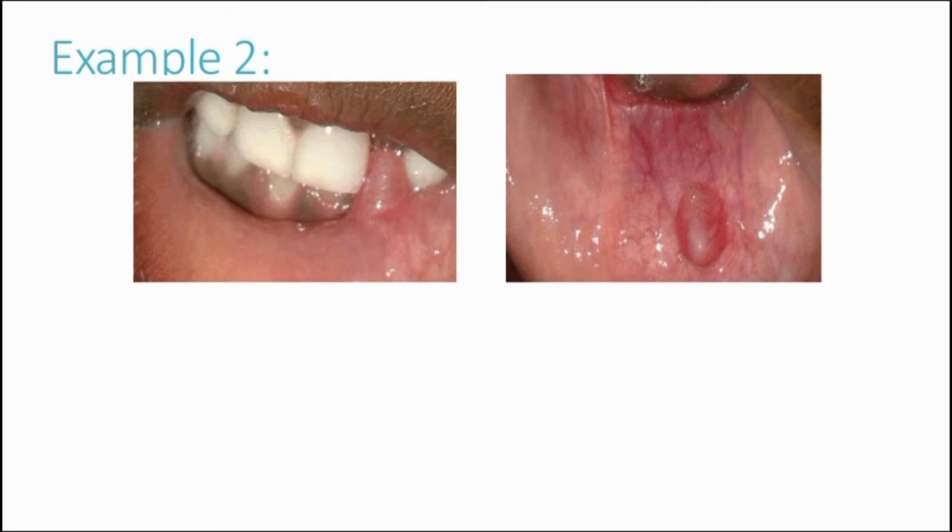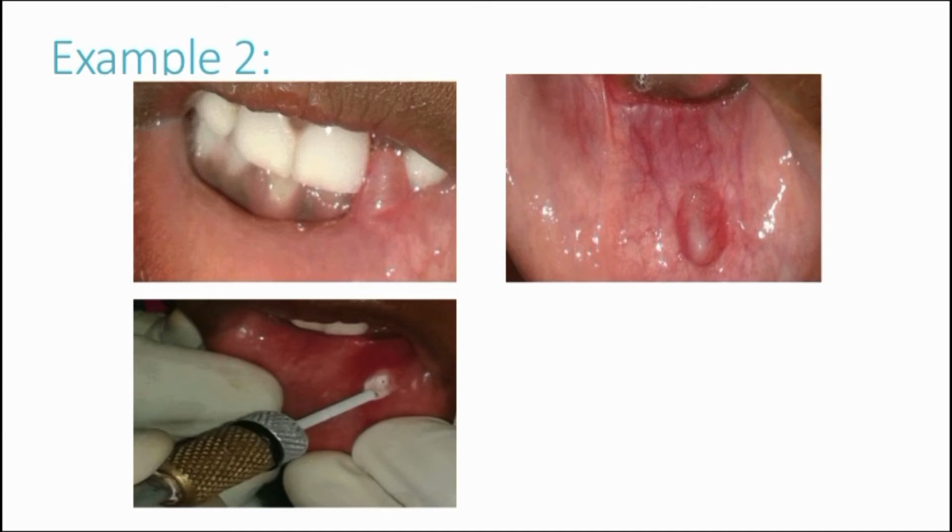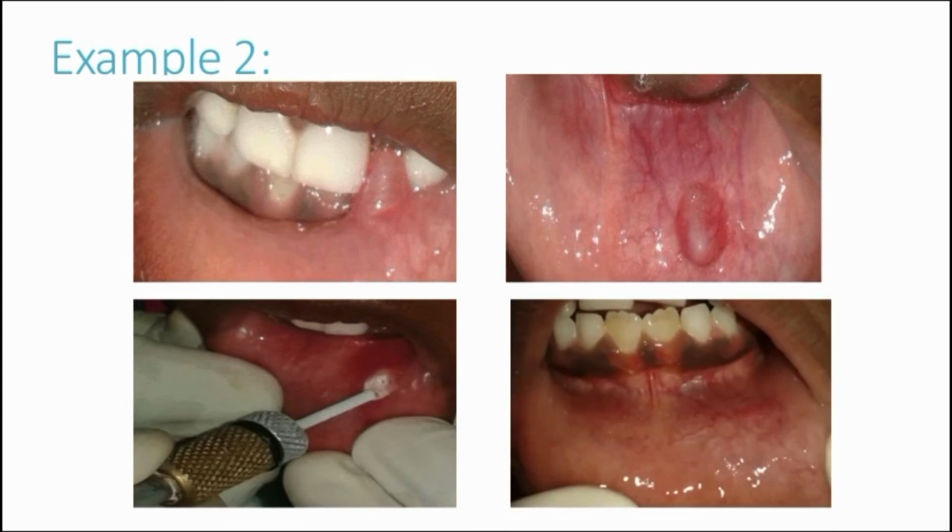Based on the history and the clinical features, the lesion was diagnosed as a mucocele. Of course, we can treat a mucocele with surgery, with laser, or with cryotherapy. To treat it with cryotherapy, we start with application of topical anesthesia as shown in the picture. Here we use the closed system, where we use the cryoprobe to perform the cryotherapy. Then we repeat the cycle 5 to 6 times, each cycle lasting about 5 to 10 seconds. And this was the result after follow-up.